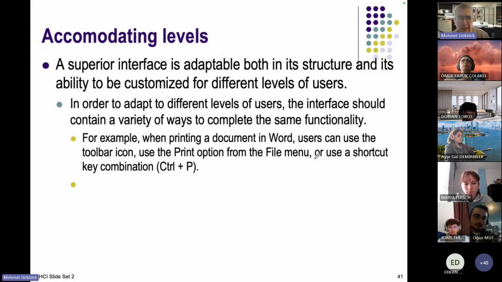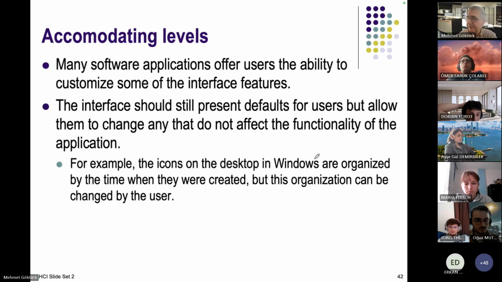But generally, frequently used systems have more flexibility in accommodating levels because some people use it in a power user fashion. Some users use it from time to time. Therefore, different levels of users must be accommodated to be successful.